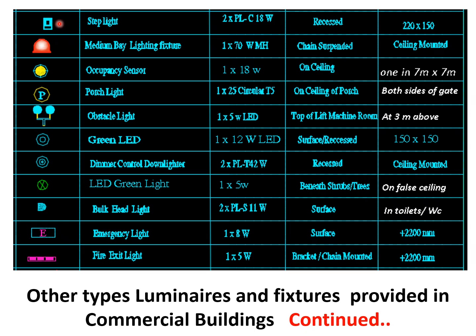This type of fitting is shown, and it is provided with 2 into 18 watt lamp, maybe a different combination also. This is generally recessed, and size is 220 by 150 mm. This is a high bay lighting fixture used in industrial applications, with a 70 watt metal halide lamp, and this may be chain suspended. You can see it in malls also.